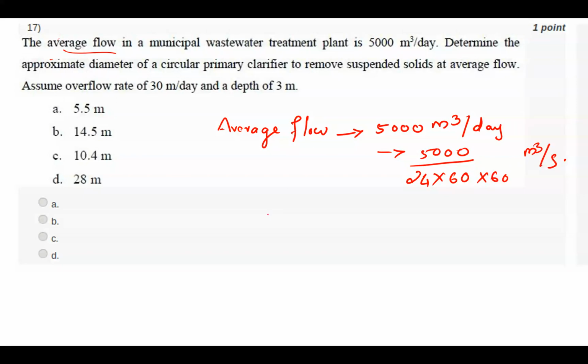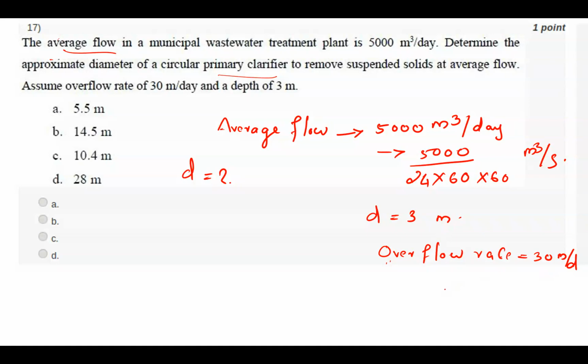We have to find the diameter of a circular primary clarifier to remove suspended solids at average flow. Assume overflow rate is 30 meter per day, and the depth is 3 meters, so D is equal to 3 meter. The overflow rate is equal to 30 meter per day.